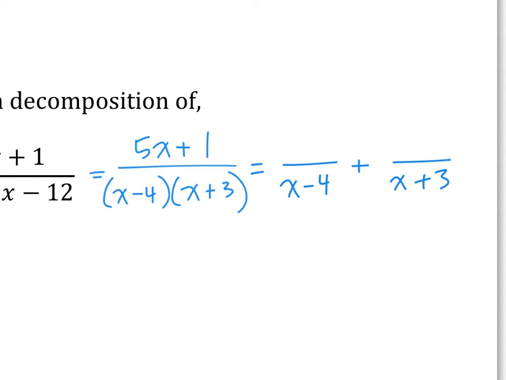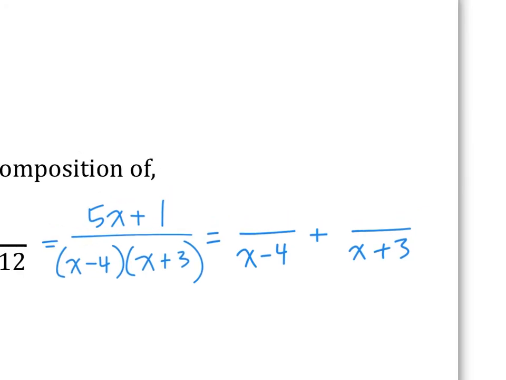What degree is that? 0. A number, right? So we're going to write a placeholder, A. We don't know what that number is, but it's going to be a number.